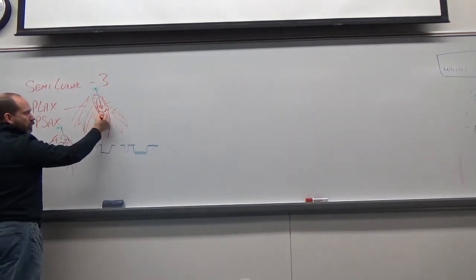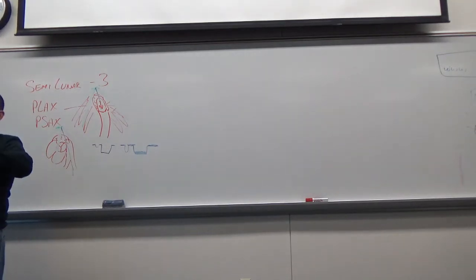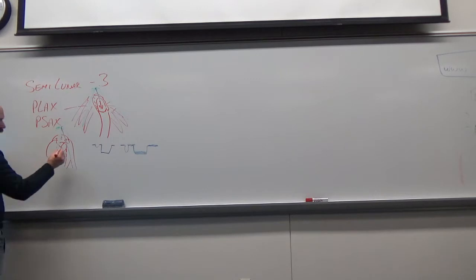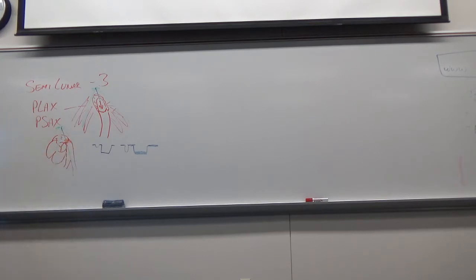This part is domed because the pressure is pushing from behind, the valve's not opening and letting it go freely, it's kind of holding it back. So that big pressure pushes the leaflets out into a dome shape. So doming is common on all stenosis. If I'm looking at it in this view here, instead of opening, these leaflets would normally come out and just lay flat out like that, but in this case, it domes like that, so it's curved. And that's because of the pressure behind the valve.